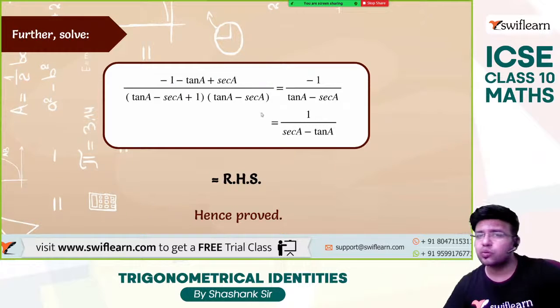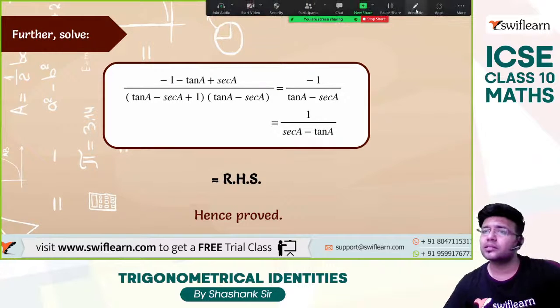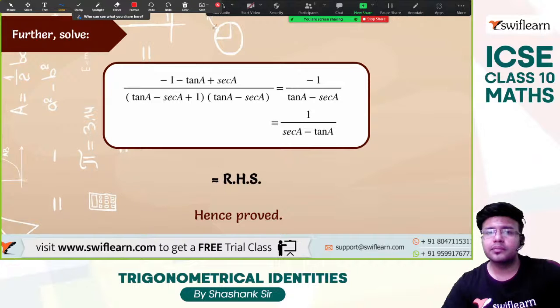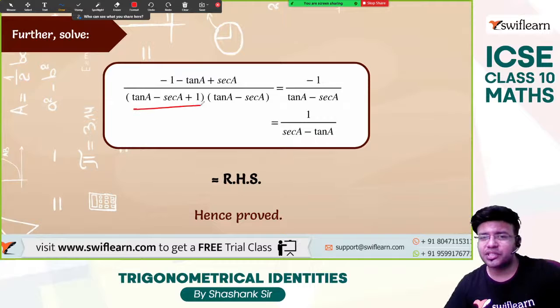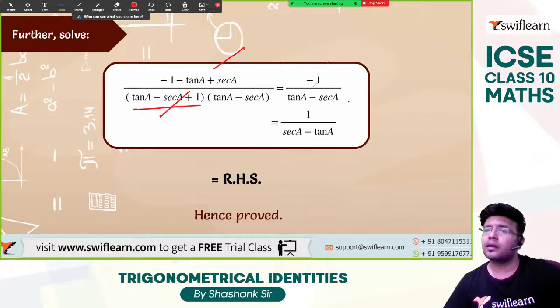So minus 1 minus tan A plus sec A, okay, divided by tan A minus sec A minus 1. Now take minus common, minus 1 common. So you will have the same thing at the numerator. Cancel that and that. You are left with minus 1 divided by tan A minus sec A. Now simplify this.